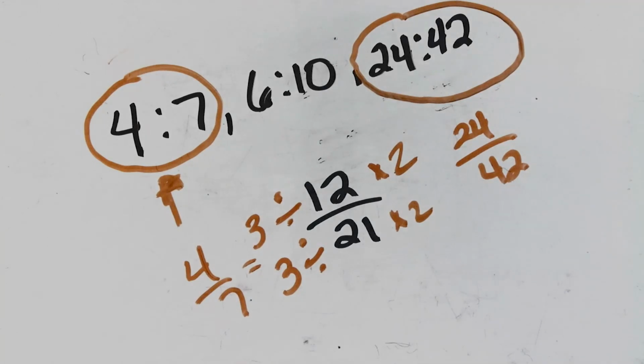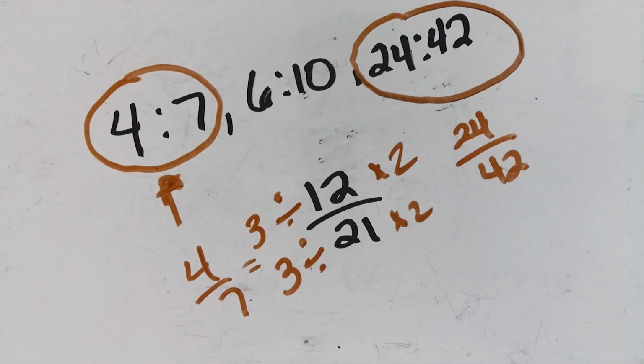equivalent. So as we pull our learning for the day together, we can see common threads of understanding. We see that we can find equivalent ratios by multiplying or dividing both terms of a ratio by the same non-zero number.